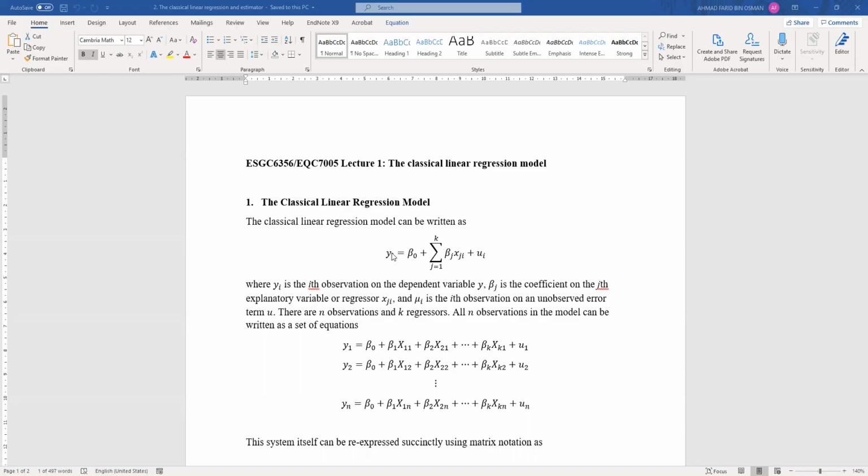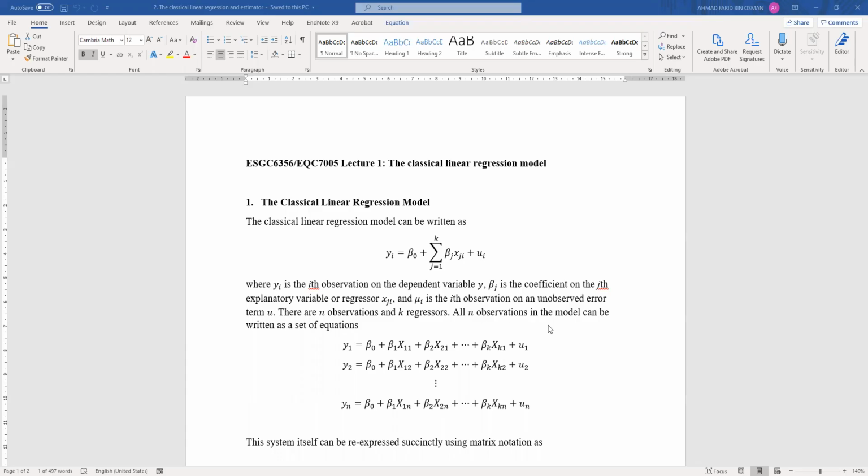So we have y1, the first observation, y2, the second observation, up to yn. Similarly for x1, for example, x1,1 and the second observation x1,2, up to x1,n. And the error terms u1, u2, up to un.